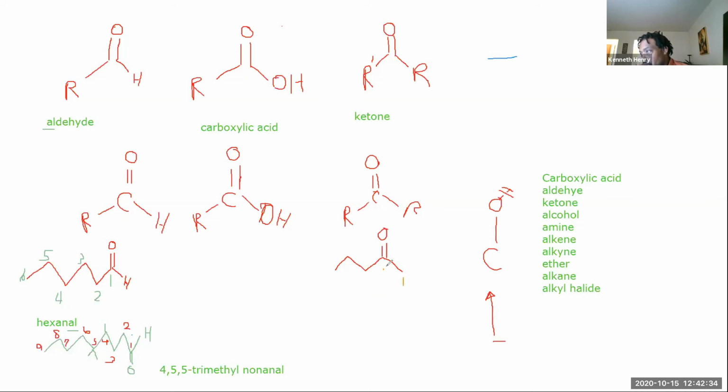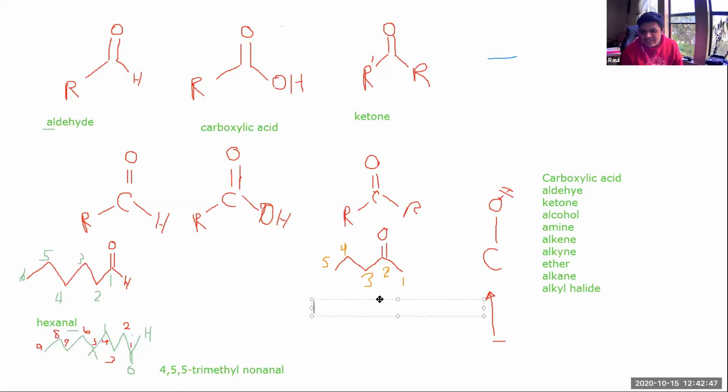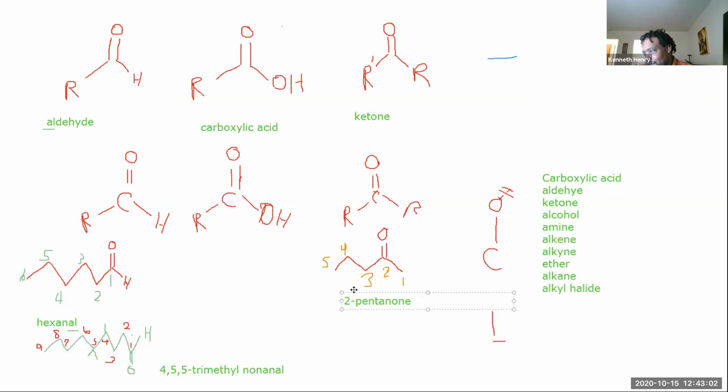That's 1, that's 2, that's 3, 4, 5. Okay, so we have a 5 carbon. What are we going to call that? 2-pentanone. Would it be 2? 2-pentanone. Good job.